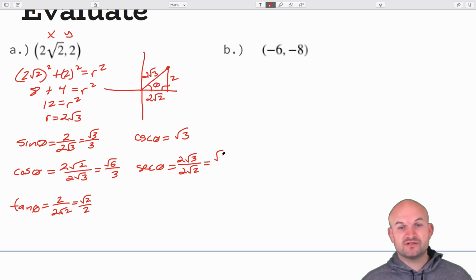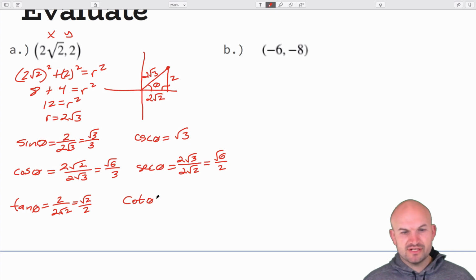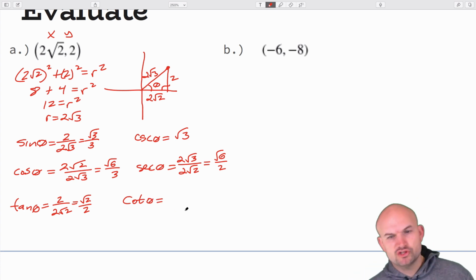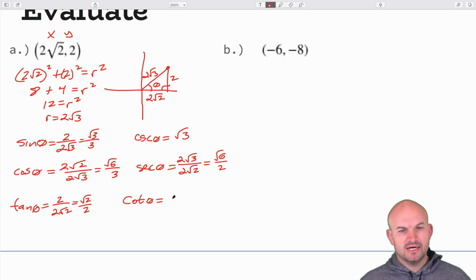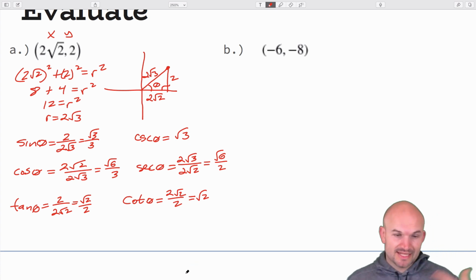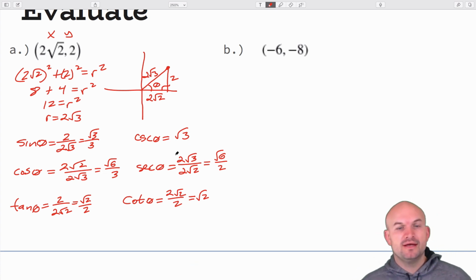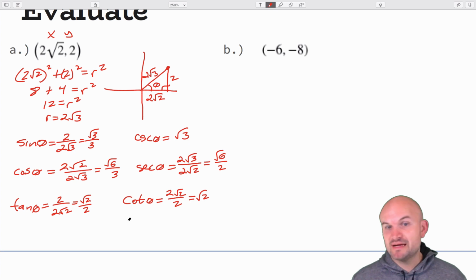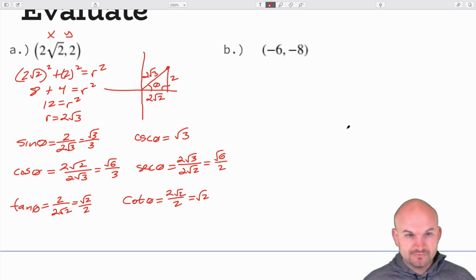Rationalize the denominator here. That's going to be square root of 6 over 2. And then we have the cotangent of theta, which is going to equal 2 square root of 2 over 2, which is just the square root of 2. And there you go. So I wrote the original ratio and then I just simplified it. And I didn't show my simplifying work because that's something we already covered.